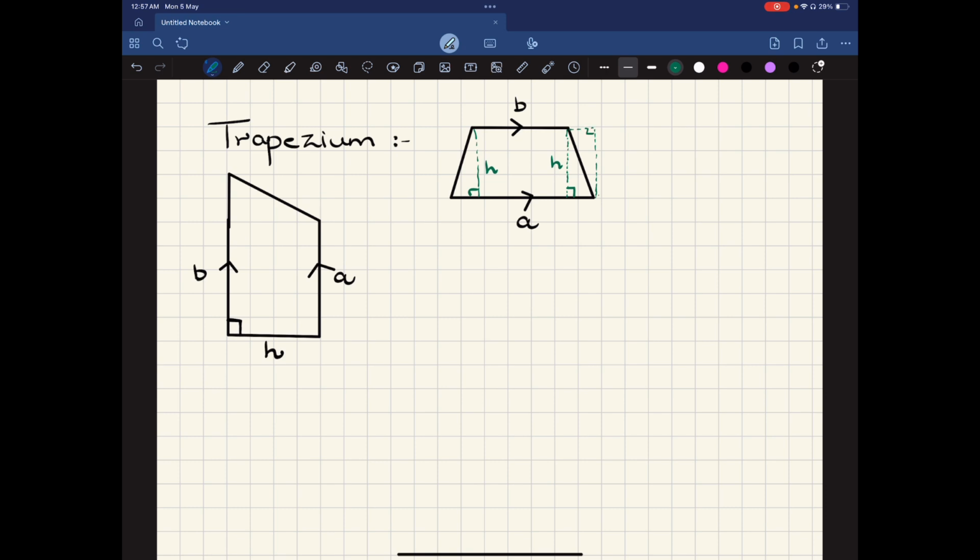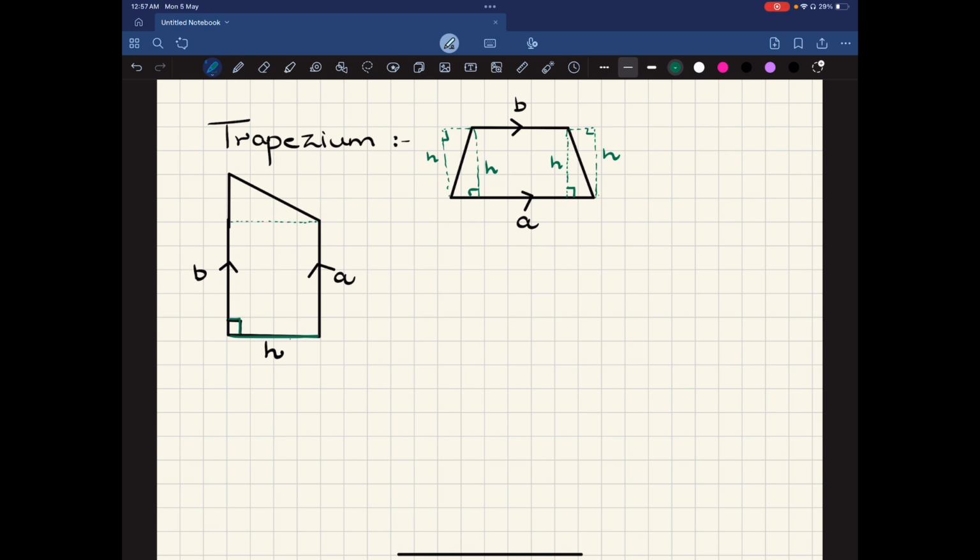Okay, so this is the height, or this is the height. The important thing here to remember is that the height must be at 90 degrees, or it must be the perpendicular distance between the two parallel sides. Okay, and the formula here, since this is 90 degrees, so this is going to be the height.